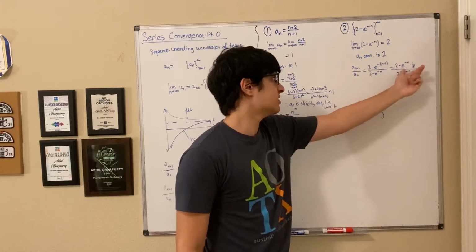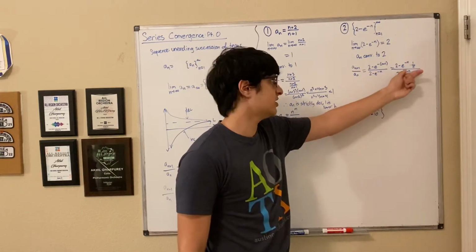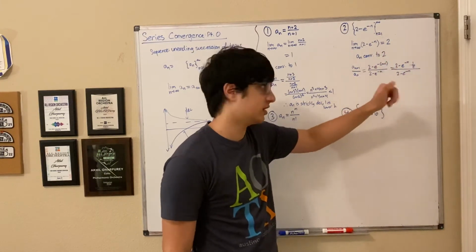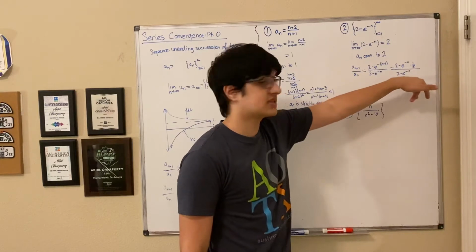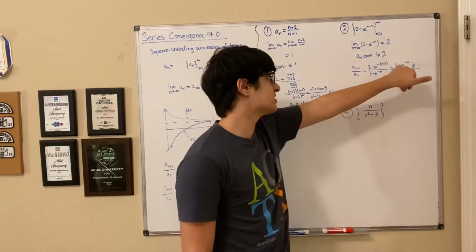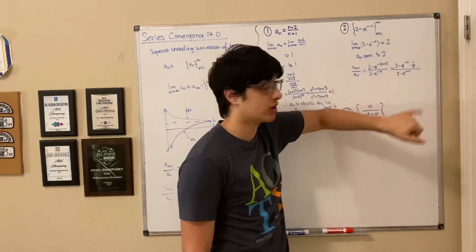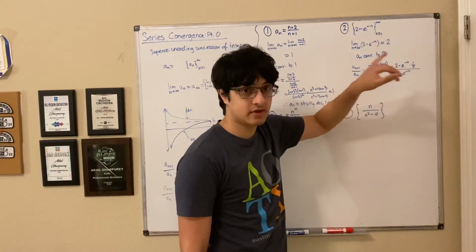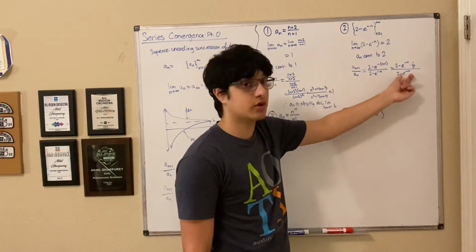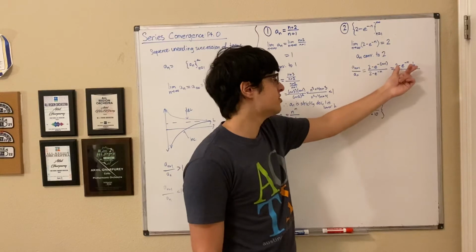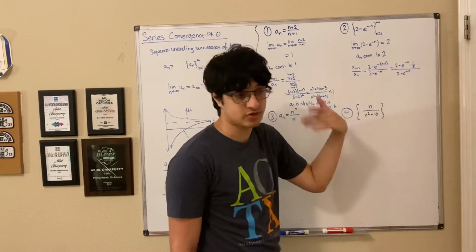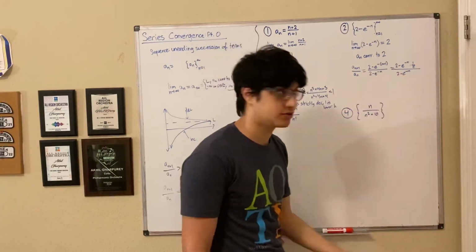So if you notice, this e to the negative n over e is going to be less than e to the negative n. Sorry, I should have said e to the negative n over e. So, e to the negative n over e is less than e to the negative n. But don't be so hesitant to put a less than 1 over here, because this is being subtracted from 2. If a smaller term is being taken away from 2, compared to a larger term, this term right here is actually going to be larger. 2 minus the smaller term is going to be larger than 2 minus the larger term.